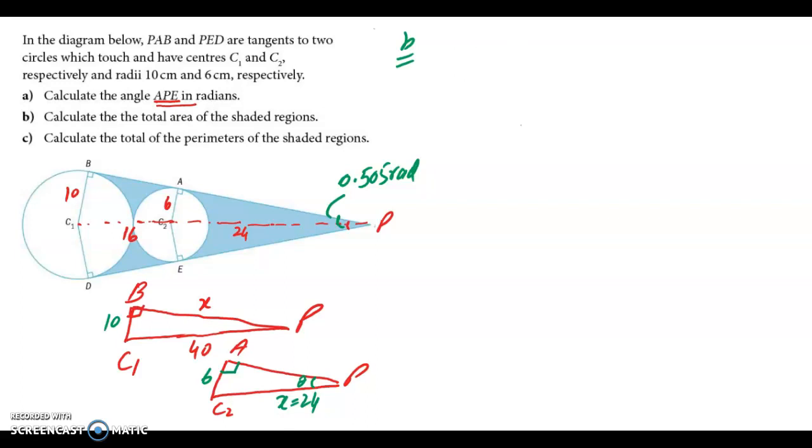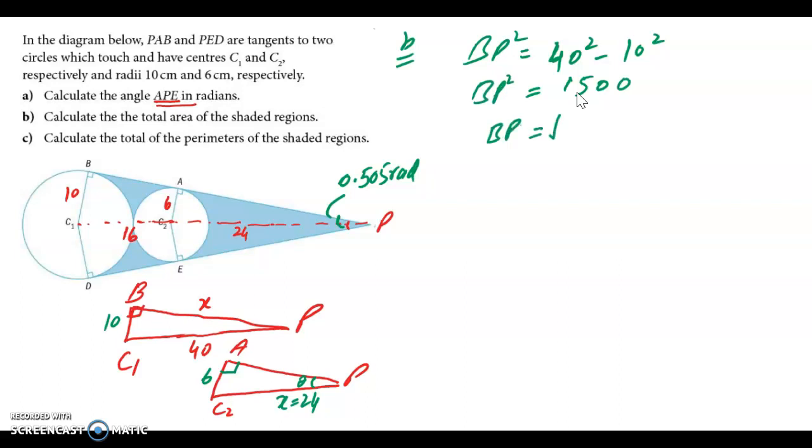To figure out BP squared, we can apply Pythagoras' theorem, which is 40 squared minus 10 squared. With the calculator we get 1500, and then BP is equal to the square root of 1500.